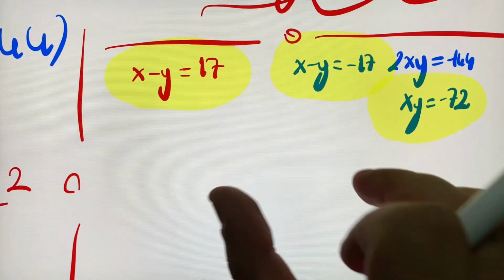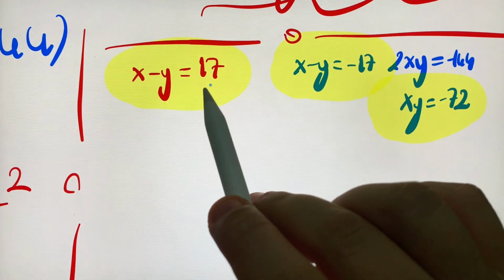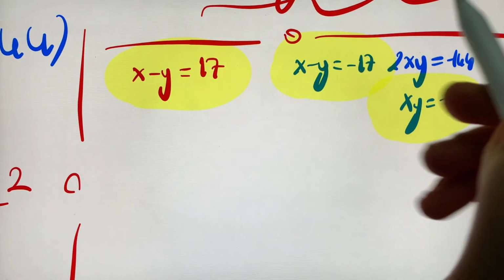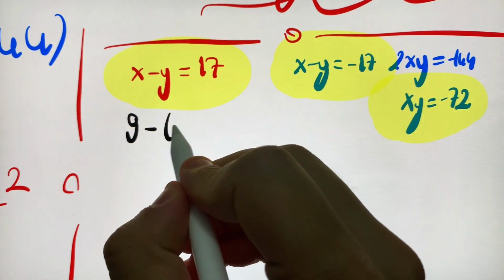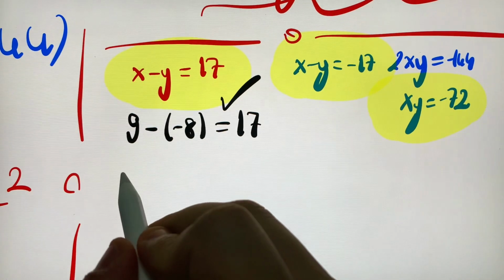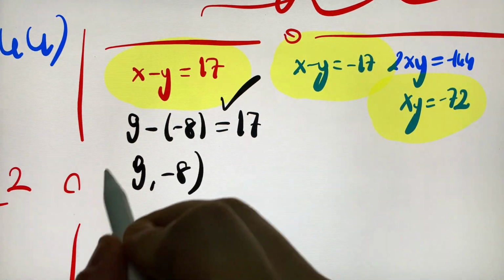Now the product is minus 72 and the differences will be 17 and minus 17. For example, if I think of 9 and minus 8, yes, it really works. Then what is our pair? 9 and minus 8.